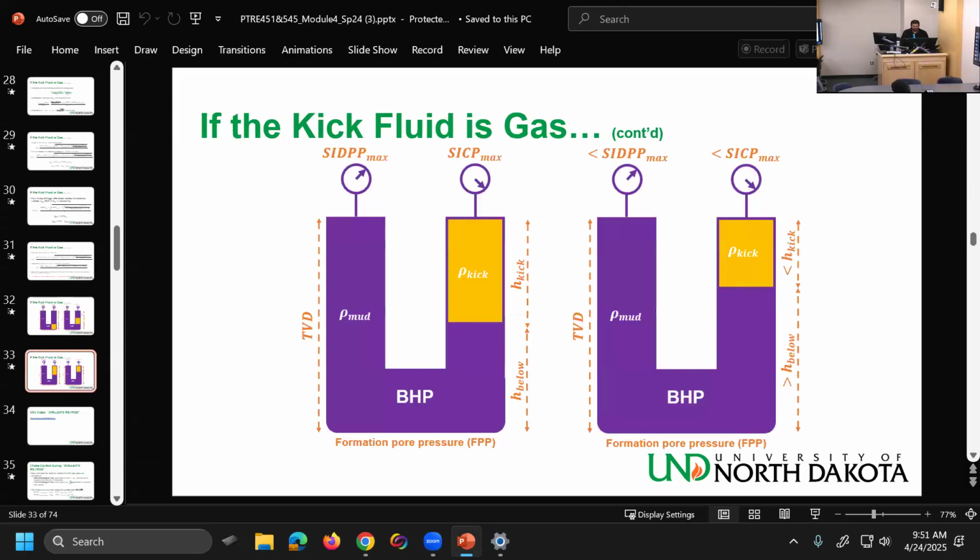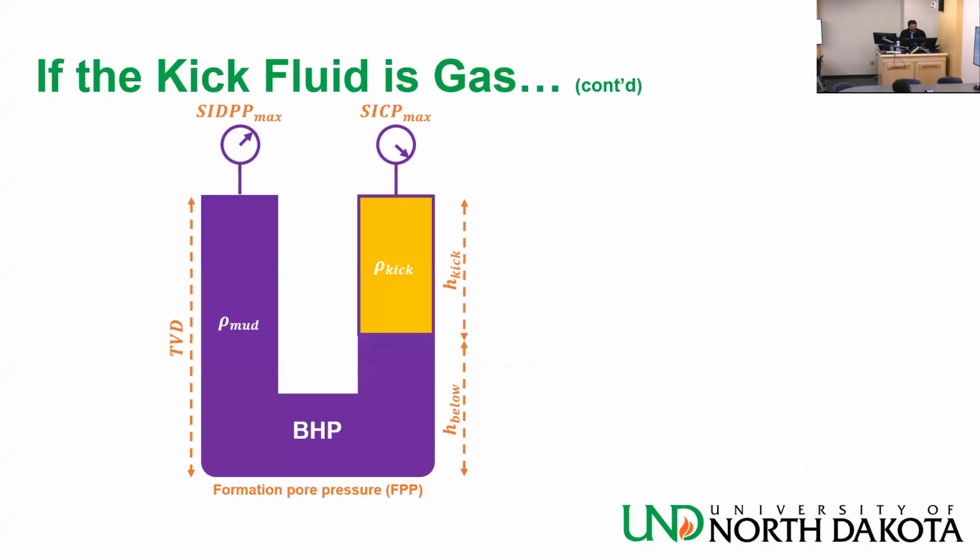Oh yeah, I was showing you guys that this needs to be less than MASP and always bigger than the original SIDPP, right? Should be bigger than that. Otherwise, I get a kick, right? And this one should also be bigger than the SIDPP.